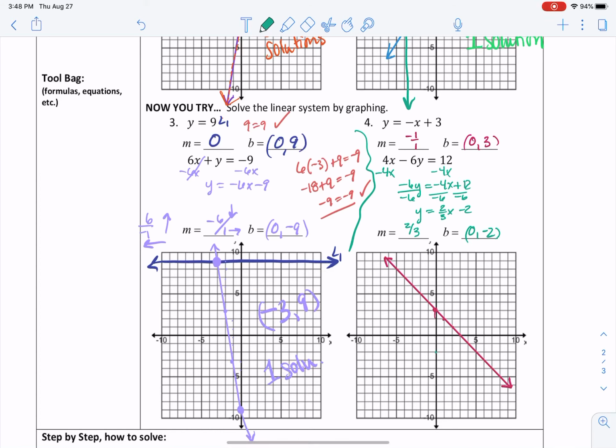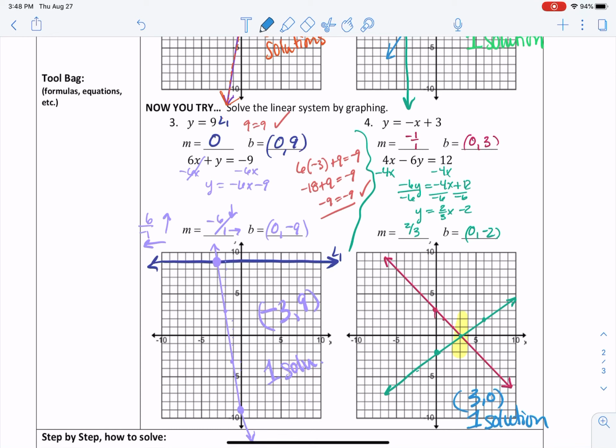So 0, negative 2 is where I start. Up 2, right 3. I did it a couple times just for accuracy's sake. But you can see that right here is my intersection. And so the name of that point is 3, 0. And again, one solution.